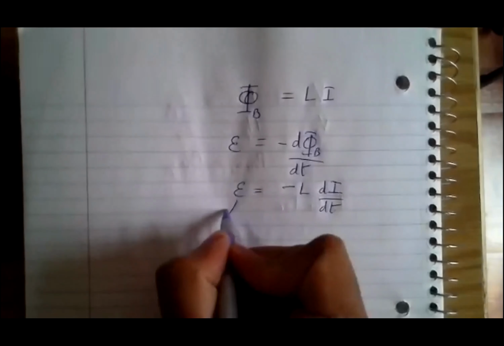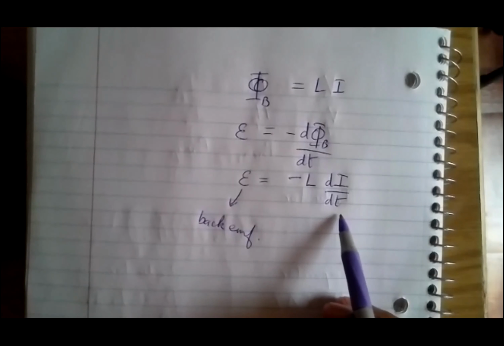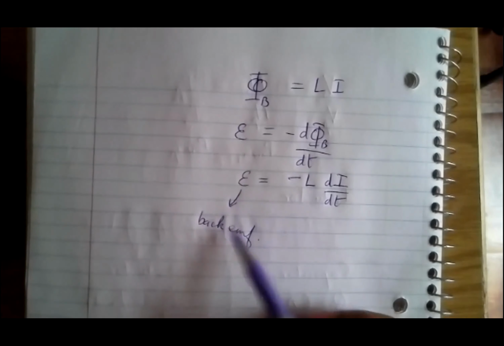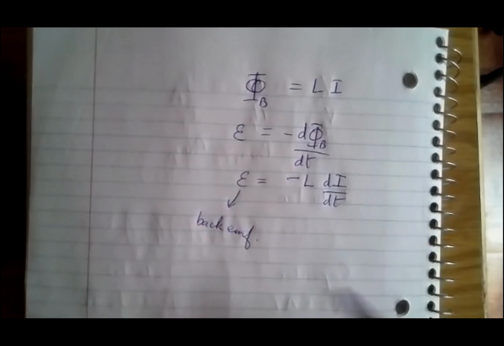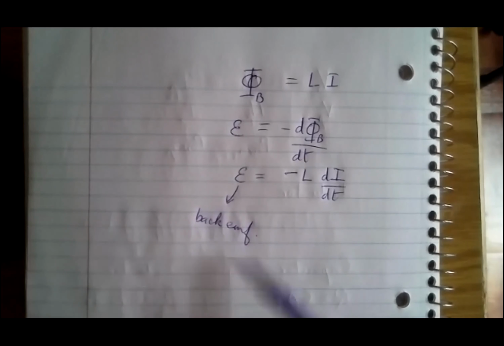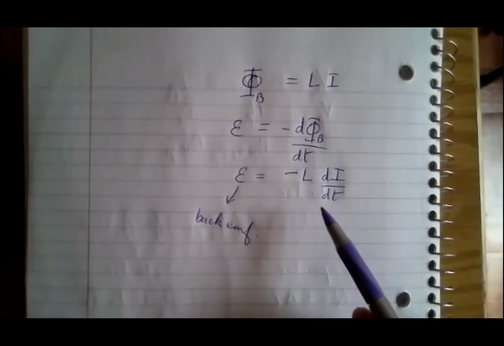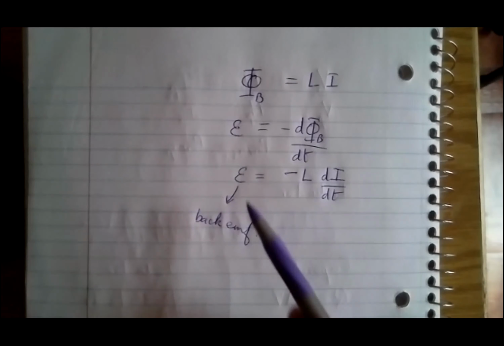So this is sometimes called the back EMF, because as I mentioned, if di over dt is positive, if your current is increasing, then this acts like a negative EMF. So it's an EMF trying to oppose that current and decrease it. So this is back EMF. And the L here is a measure of how good it is at opposing that change in current. The bigger L is, the bigger the back EMF is.